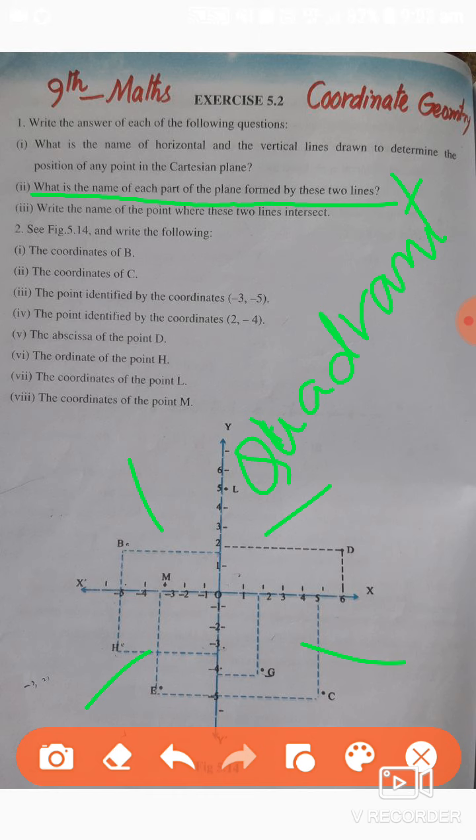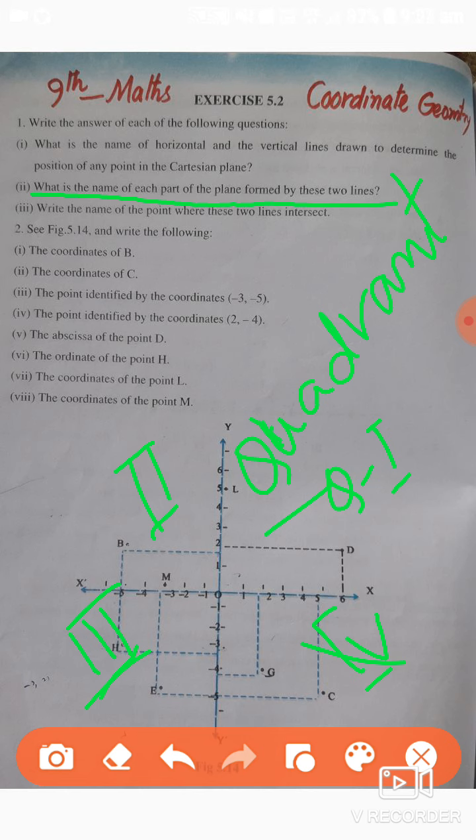We call each part a quadrant. So we have four quadrants in a plane formed by the coordinate axis, that is quadrant first, quadrant second, quadrant third, and quadrant fourth. So we got the question answered.